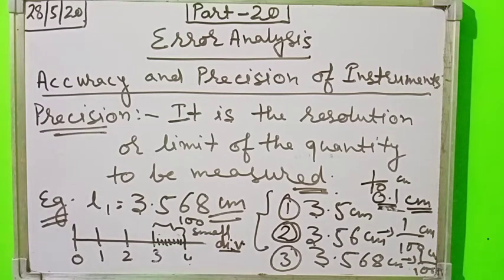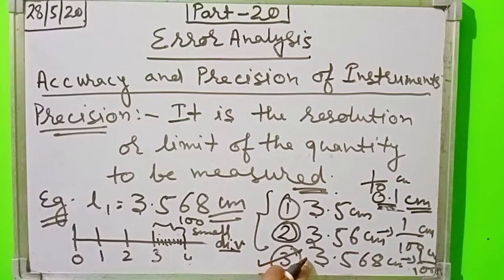Now it is asked which instrument is more precise, which instrument is more resolved, which instrument has more limit of resolution. Obviously you will tell that the third instrument, which is measuring the value of the given length as 3.568 centimeter, is much more resolved, or its limit of resolution is greater.